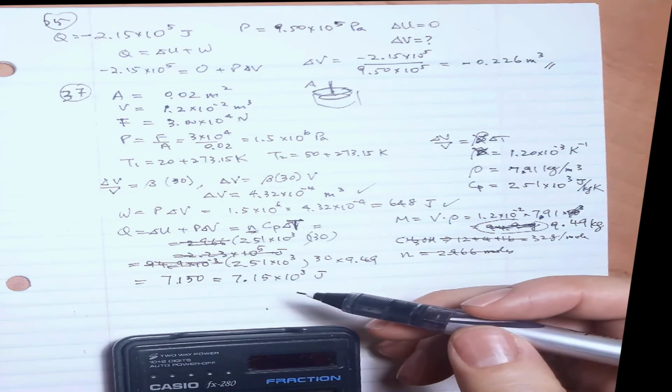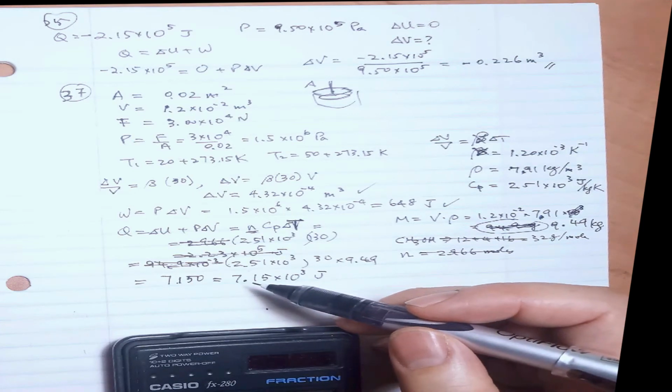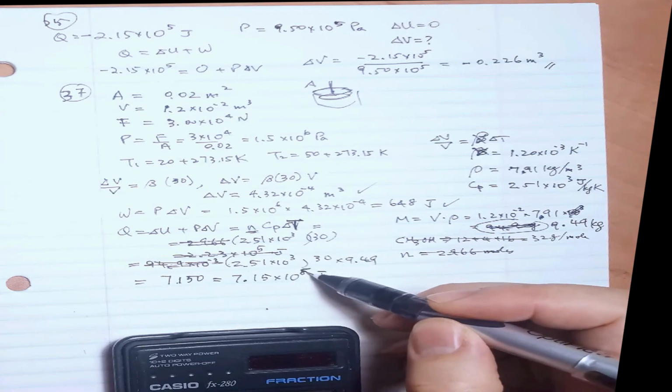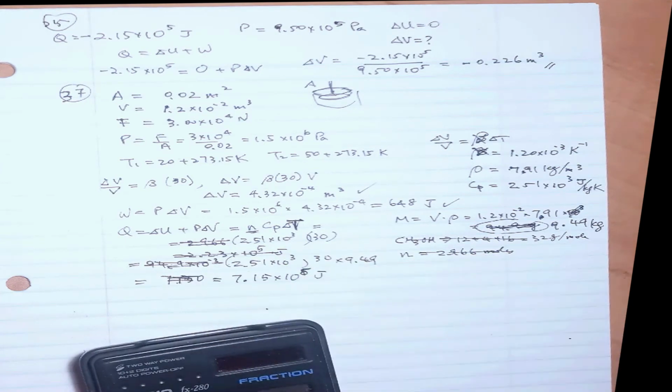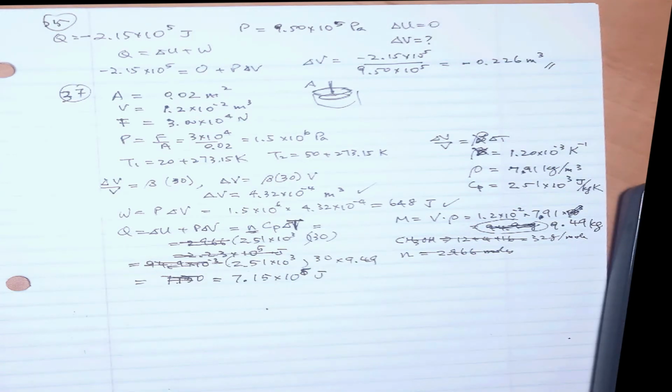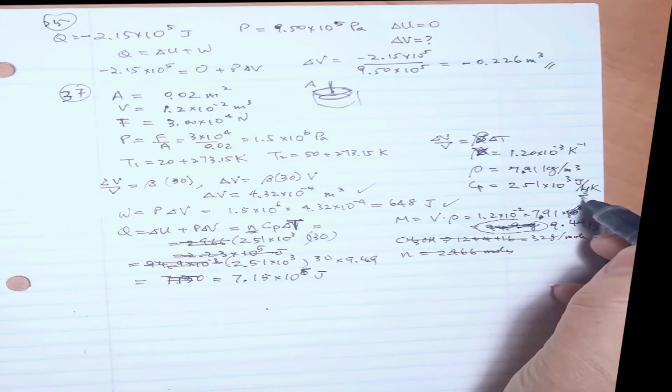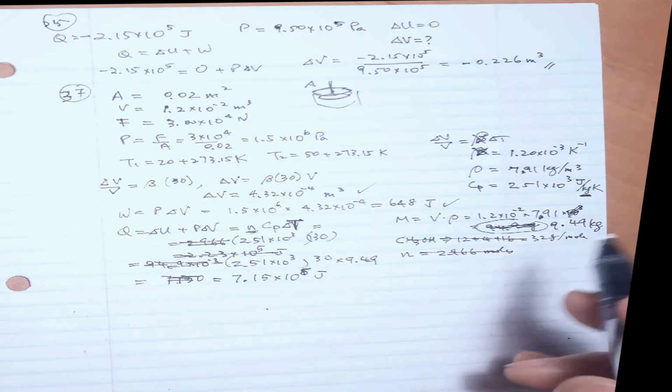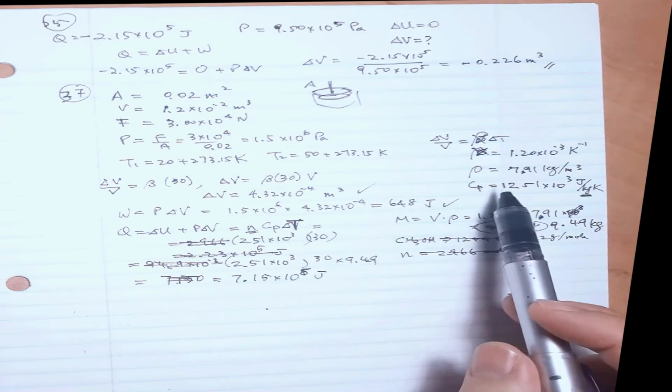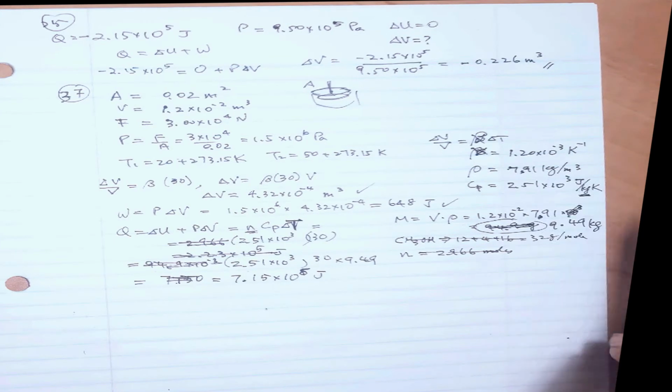I get 7.15 times 10 to the 5th. Okay, and that is correct. So basically, here the unit they gave us was kilogram, not grams. So you've got to be careful here. And also the density here is in kilograms as well.